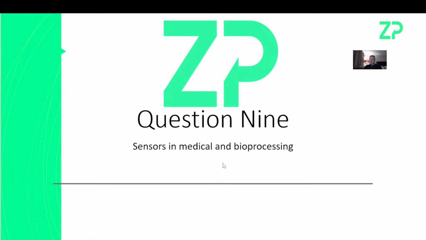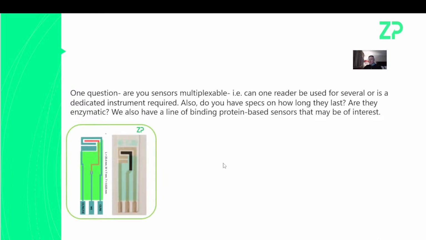Question number 9 is about sensors in medical and bioprocessing. Are your sensors multiplexable? Yes, they are. Essentially these are electrochemical sensors, so people with R&D potentiostats can run our sensors.